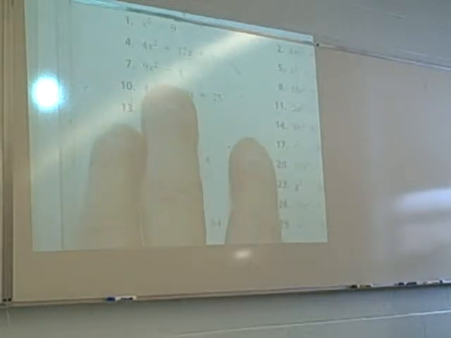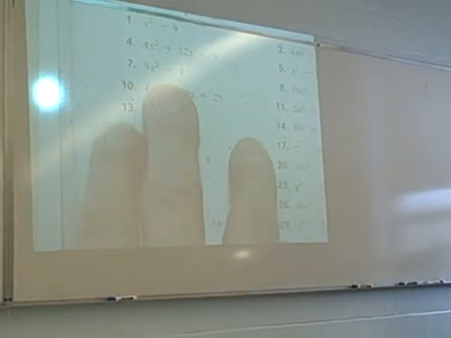Okay, what about number 7? 9x squared minus 4, is that the difference of perfect squares? Yes. So what are you going to have? 3x plus 2, 3x minus 2, because I know I don't have a middle term.